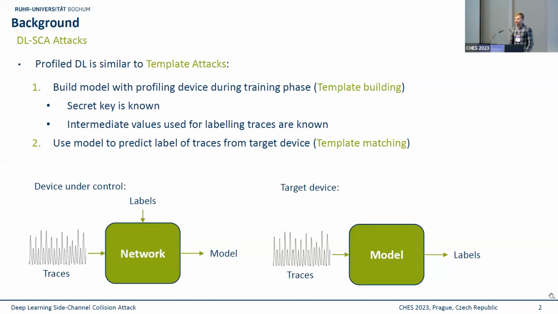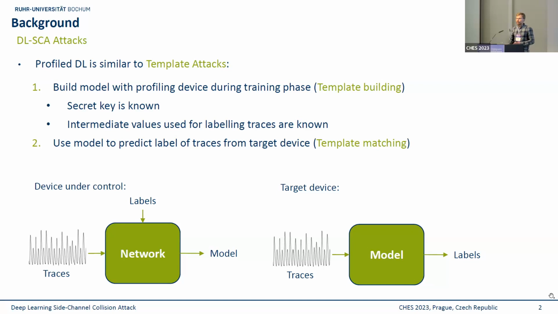Before I can start to explain our actual attack, I will have to provide you with some important background information. During the past years, deep learning side-channel analysis has become a very powerful technique to target protected implementations. Especially profiled deep learning is a very popular technique due to its similarity to template attacks. In the first step, a neural network is trained to memorize the relation between power consumption and key-dependent intermediate value.